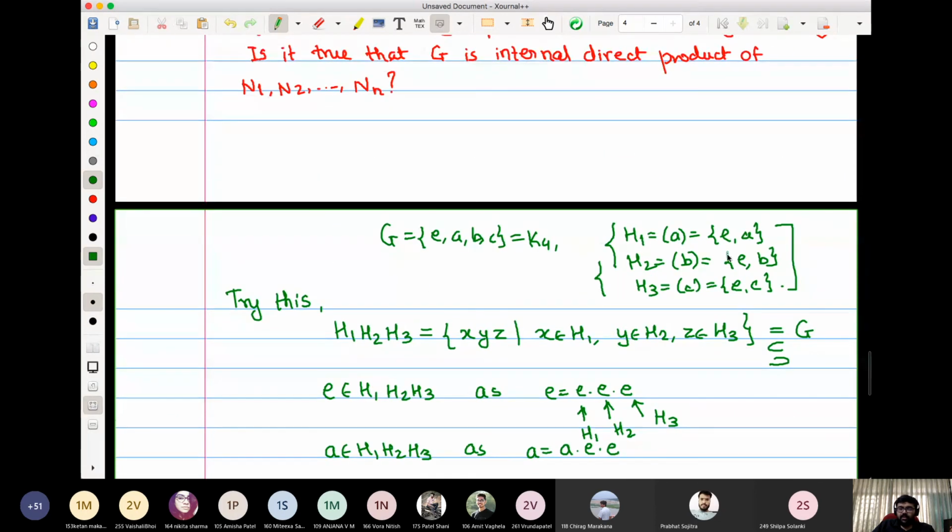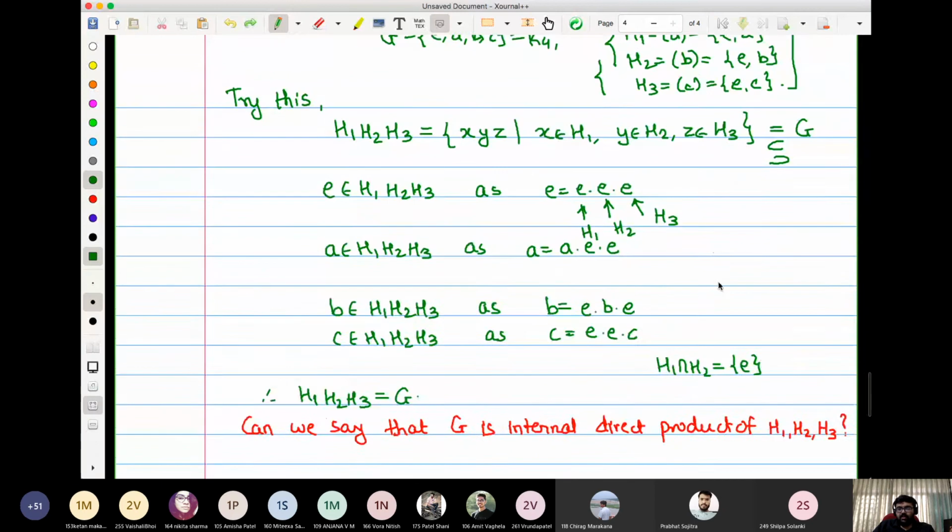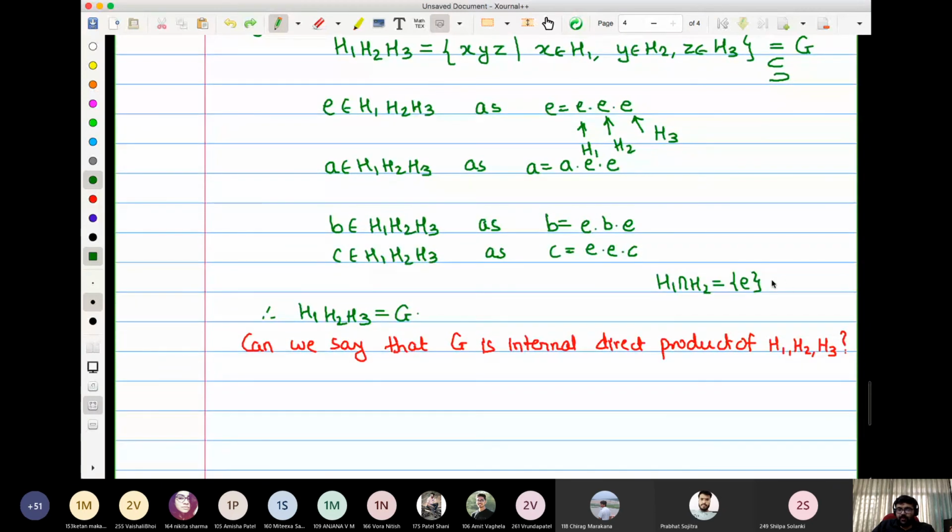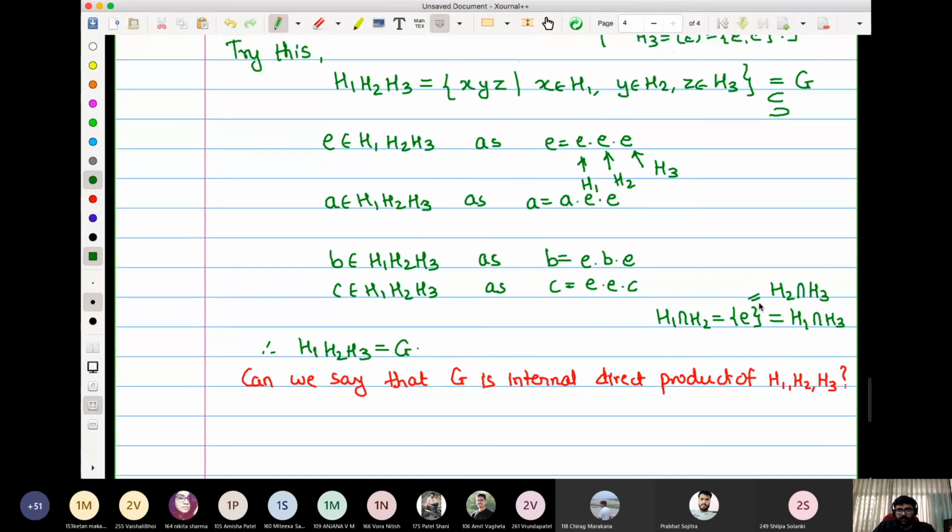H1 has A, H2 does not have A. H2 has B, H1 does not have B. So that is identity. H1 intersection H3 is also identity. And what about H2 intersection H3? That is also identity. So the intersections are mutually, I cannot say disjoint, because they share the identity, but they are pairwise trivial. That means the intersection is trivial.